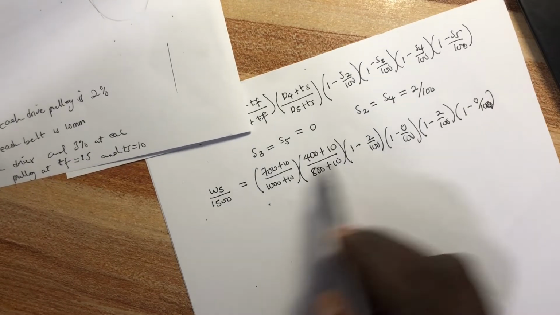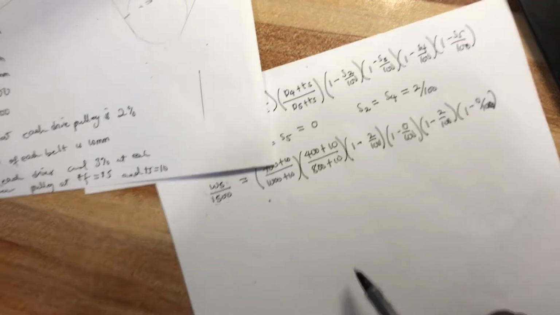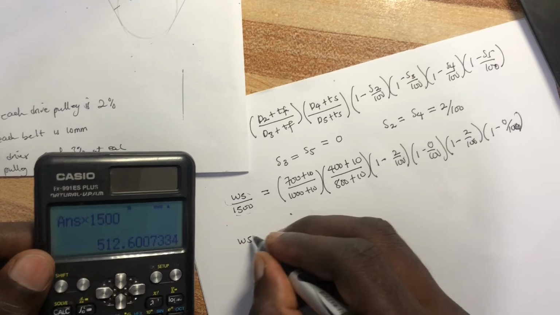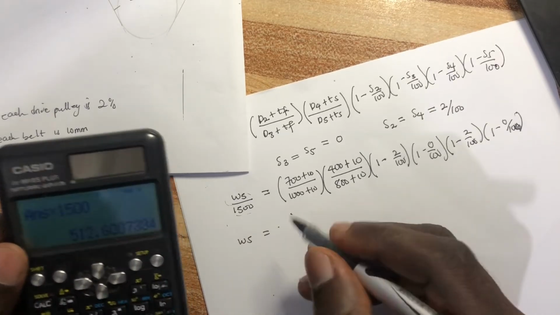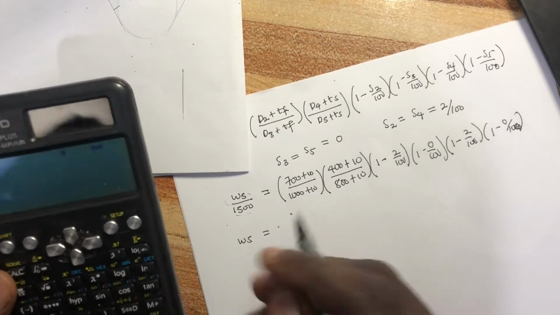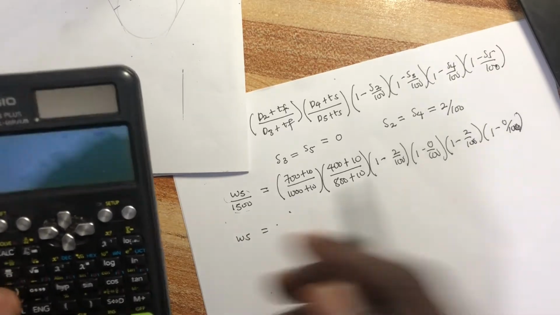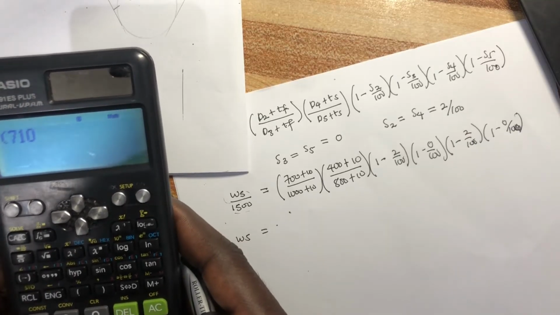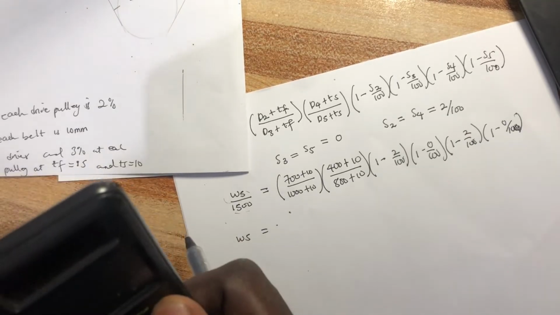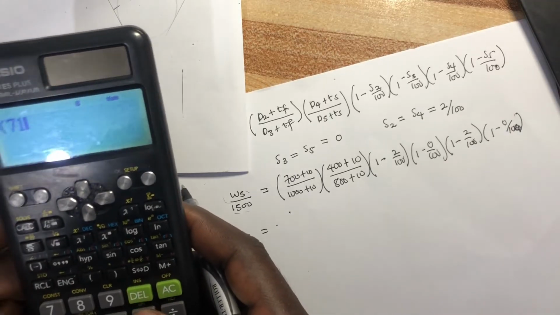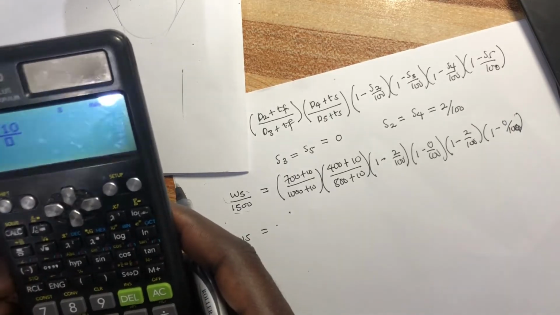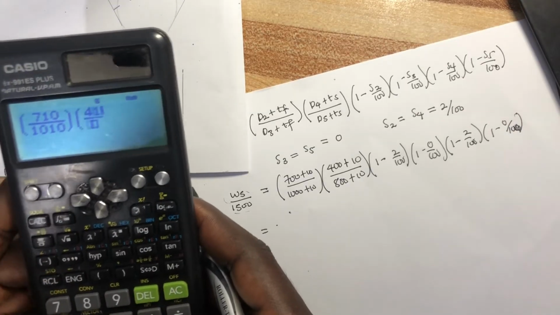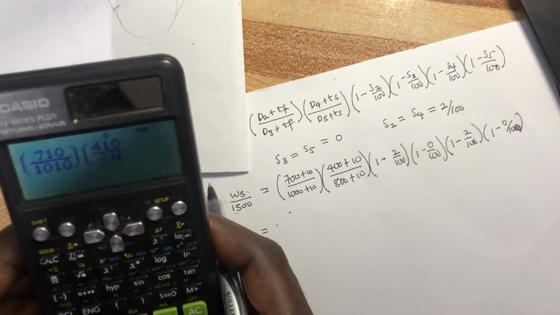So we just find omega 5. So we're going to have omega 5 to be equal to every term here. So we have 710 into bracket 710 all on 1010 multiplying 410 all on 810.